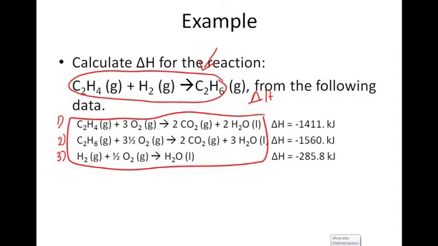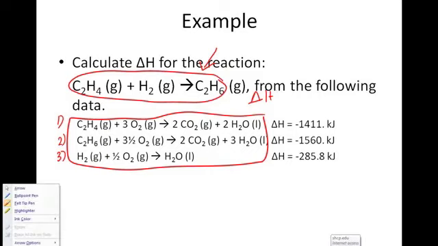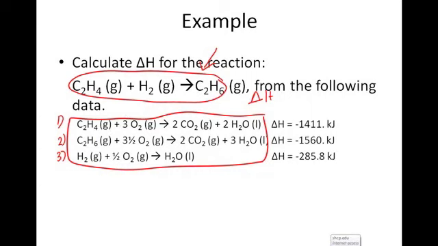So the first step is we're going to look at the coefficients and what's on each side of the equation. Let's go ahead and erase this real quick.